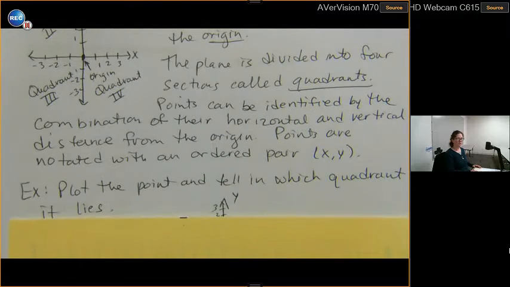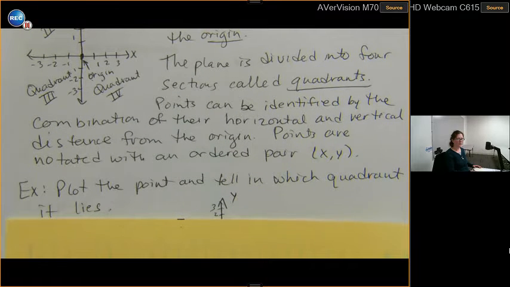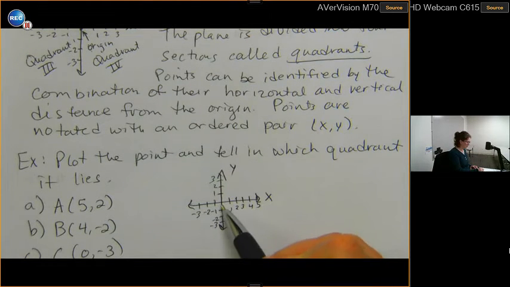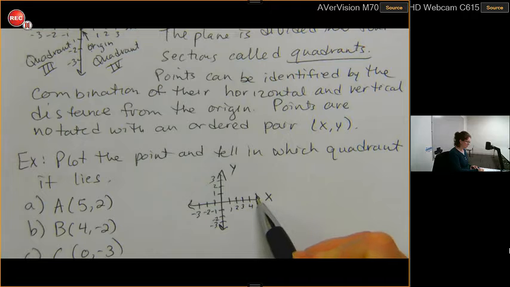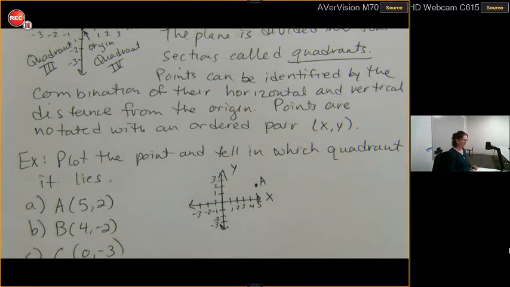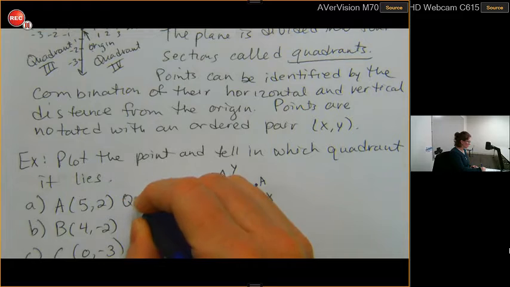So if we want to plot a few points and tell the quadrant where that point lies, the point 5, 2, starting from the origin, the x value is 5, the y value is 2, so that lies in quadrant 1.